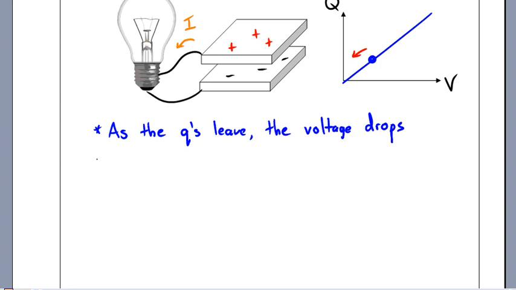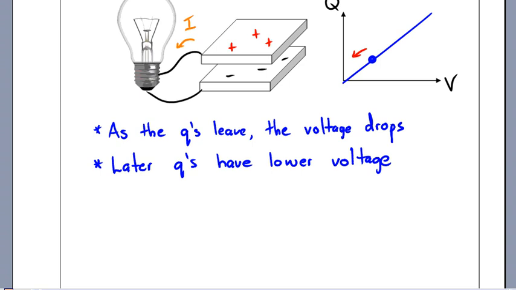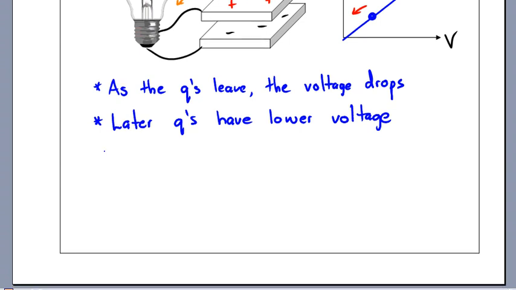And so later Qs have lower voltage. They're not going to light up the light bulb as bright. The last Q to leave, which is quite a while down the road, has 0 volts.